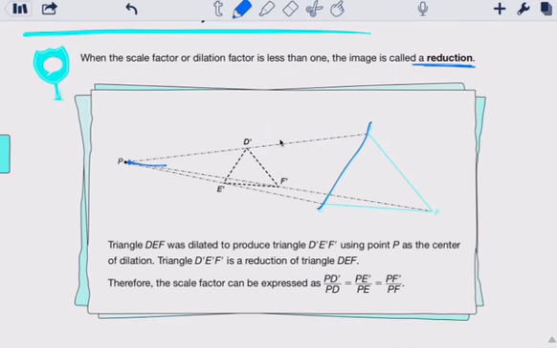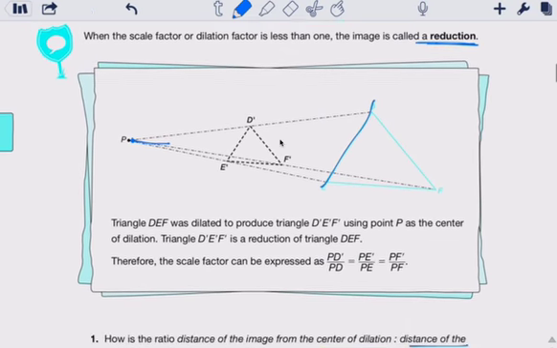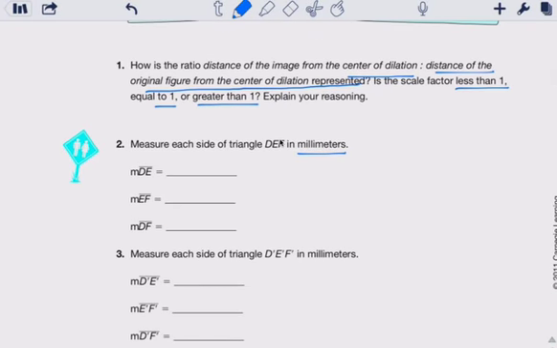When you measure it with your centimeters, you should get 3. So if you get 3 on your centimeters, for millimeters just multiply it by 10, okay?